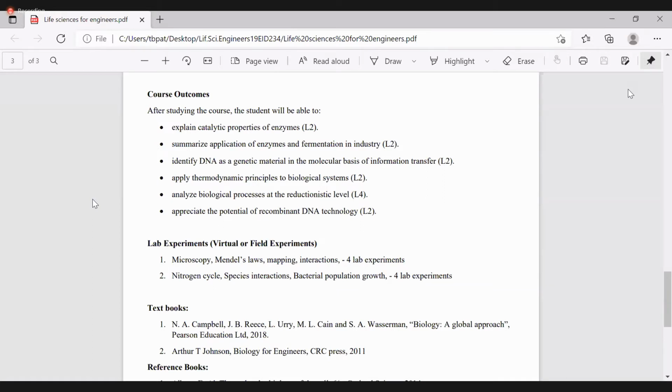Okay, next is Mendel's law. The scientist's name is Mendel. He generates the genes from generation to generation. In this particular law, the characteristics, their mutations, and everything are mentioned.